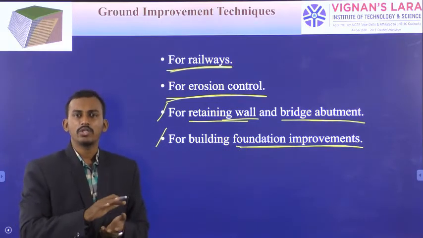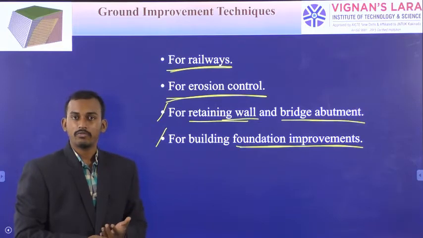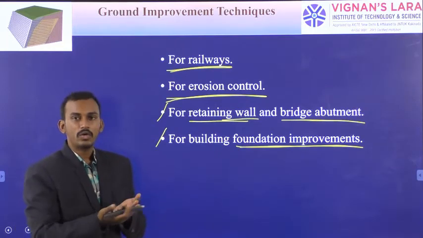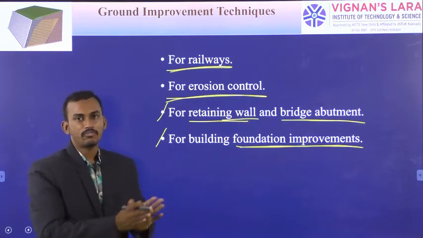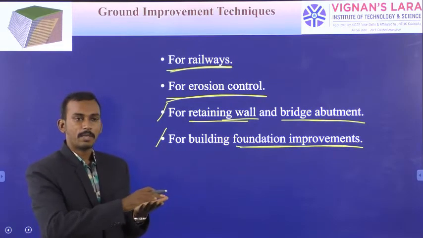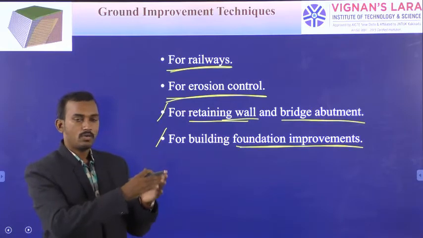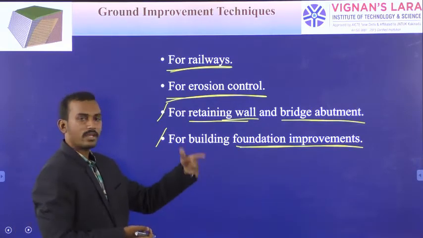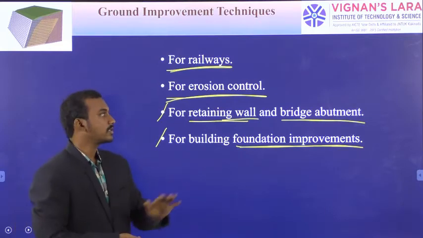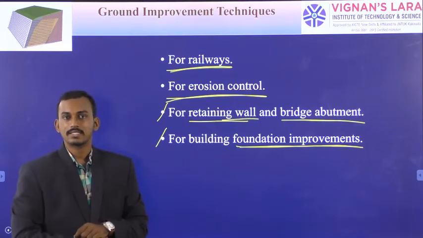Okay. We are not going to improve the strength of the soil, but what we are doing, we are distributing the load evenly. Actually the load is distributed only under the foundation, right? But here by placing a geosynthetic layer, the load is distributed to more soil, such that its bearing capacity is increasing. Okay. So these are the various applications of geosynthetics.